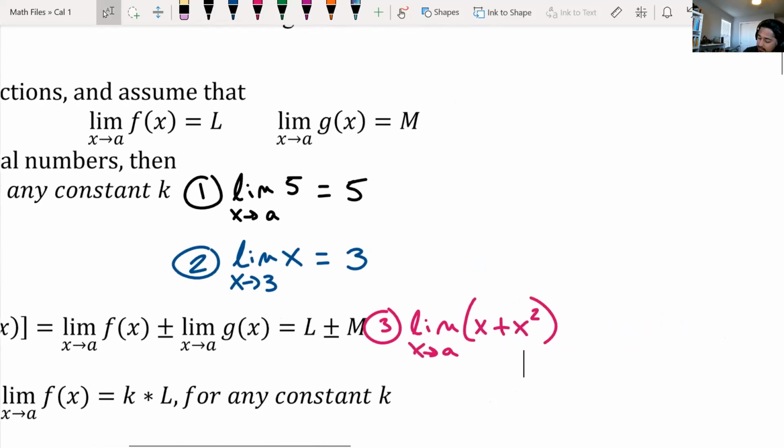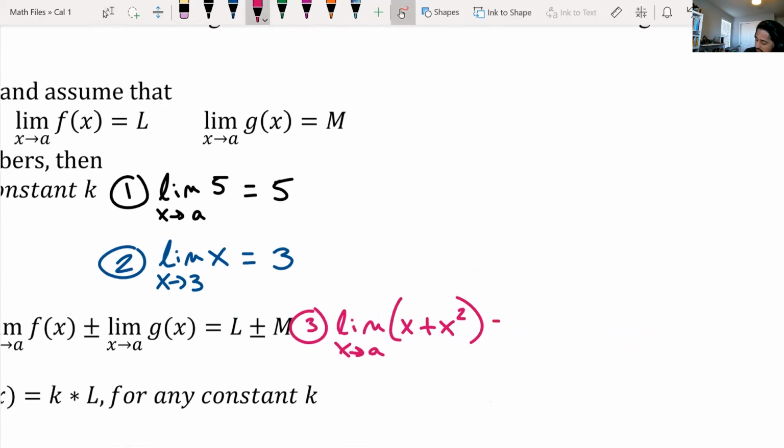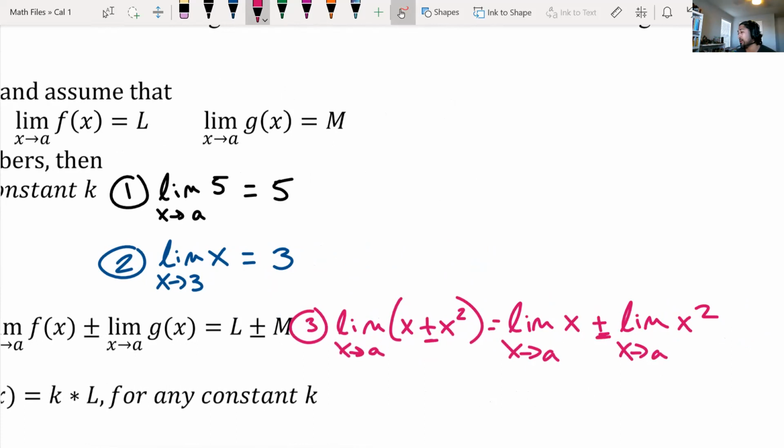Applying property 3 means I can just rewrite this as the limit as x approaches a of x plus the limit as x approaches a of x squared. So this property just allows me to expand it over addition or subtraction. It could have been minus as well, and the properties would still work.